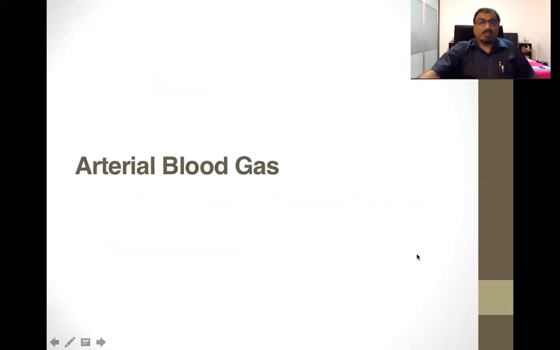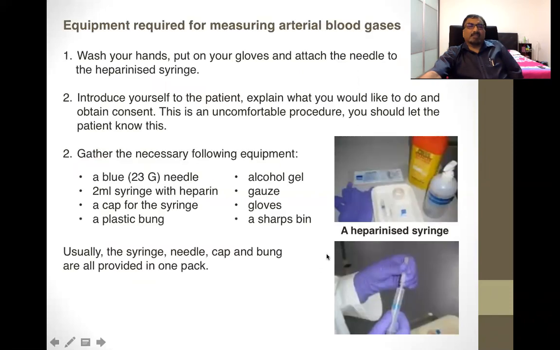Now I am going to tell you about the ABG station. For example, there is a stem that mentions the steps of how you do ABG. In the first part, you should know about the equipment required for measuring the ABG.